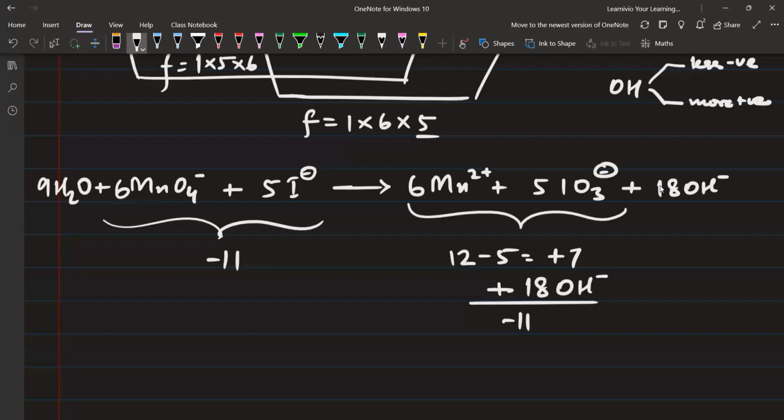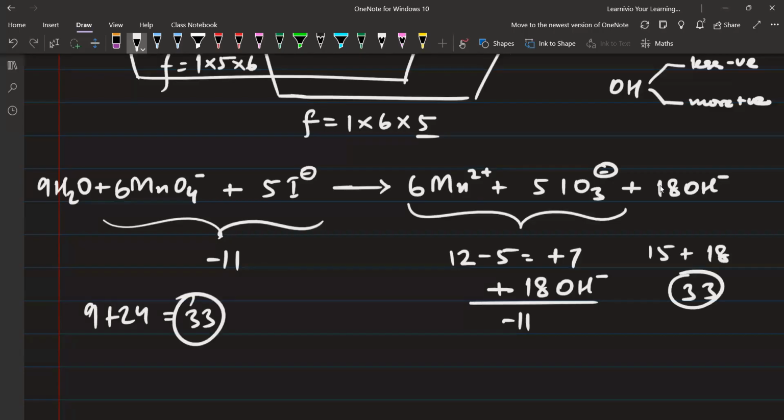How many oxygens here? 9 plus 24 is 33. Here we have 15 and 18, which is 33. The rest are balanced, hydrogen and so on. You can also check whether the other elements are balanced.